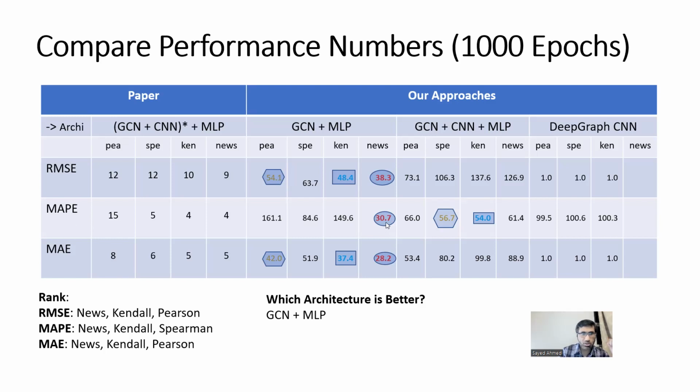For MAPE, the rank is news, and then Kendall from a different architecture, and then Spearman for mean absolute error. News, Kendall, Pearson from the GCN plus MLP. So here I can see that GCN plus MLP overall performs better than the others. All the first scores are on the GCN, MLP, and news, right?